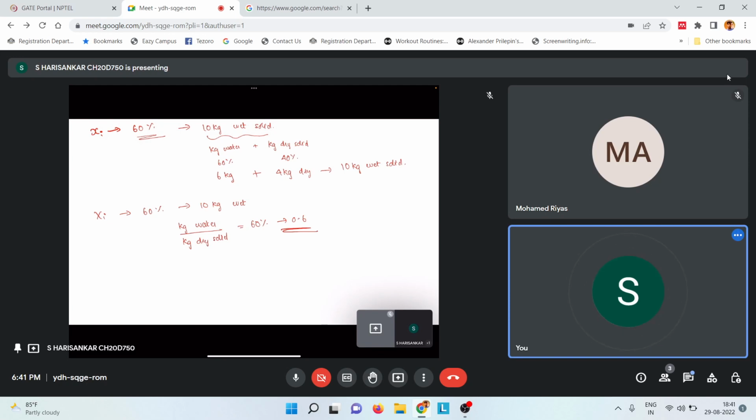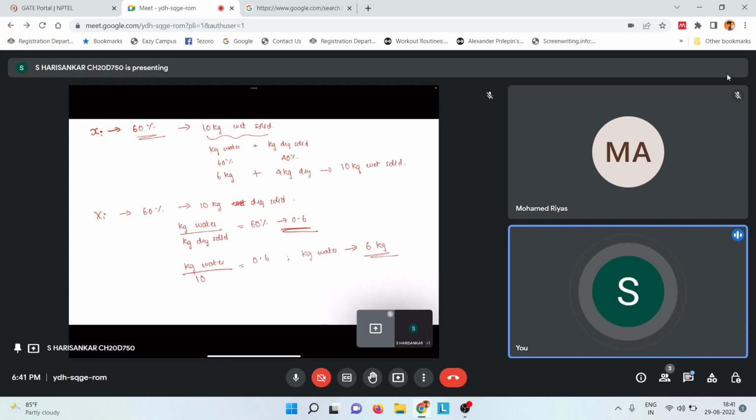So let's say here instead of 10 kg wet solid, it is 10 kg dry solid. Then we have been given the initial moisture content as 60% for dry basis. Then this kilogram water by 10 kg will be 0.6, and kilogram of water will be 6 kg.